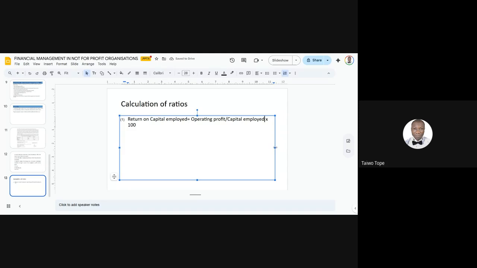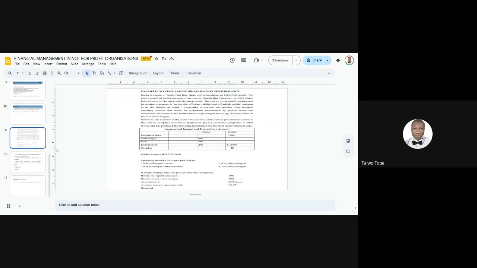From the question, the operating profit will be what? Someone said 20. Fine, 20. If you are using 20, what will be your capital employed? 2,210. Good.